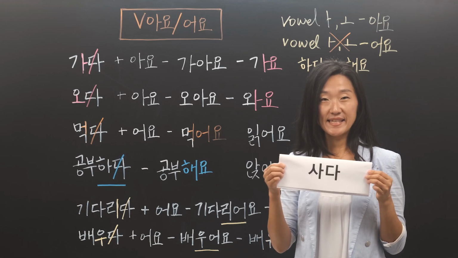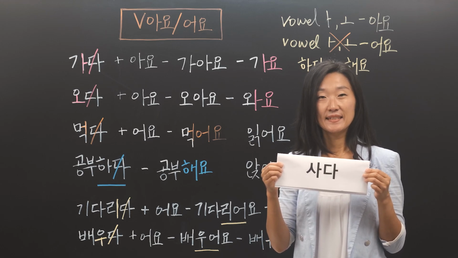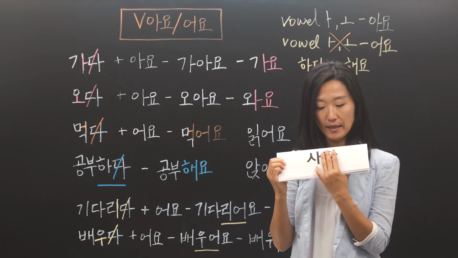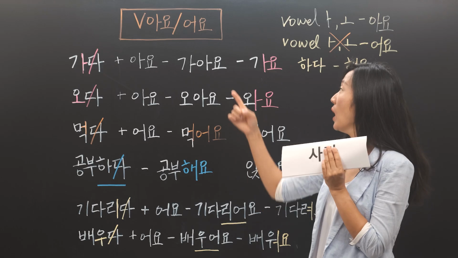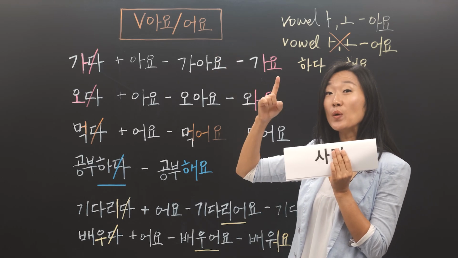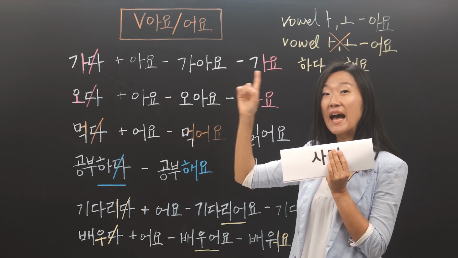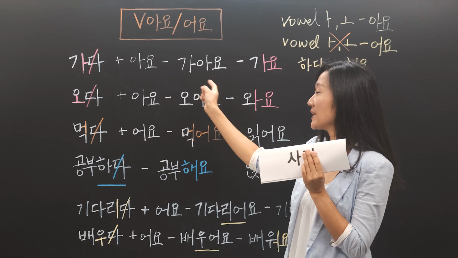사다. To buy. 사다. 사. The vowel is 아, so add 아요, 사아요. But 사요, like 가다.